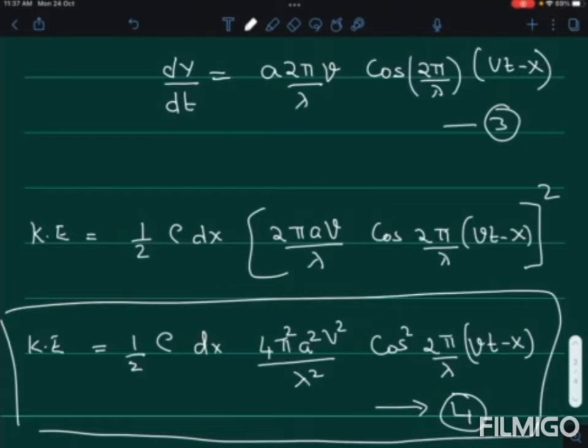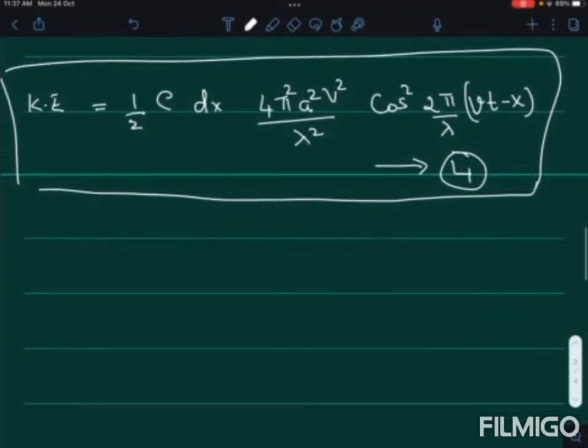Now we have to find the potential energy. To find the potential energy, we will first find the force acting on the layer, since force into displacement is the work done, and that we can take as the potential energy.